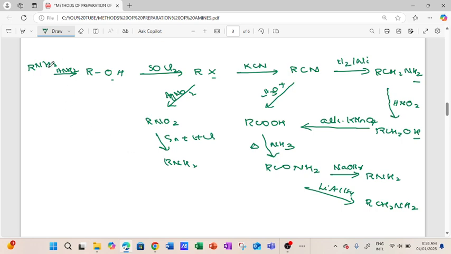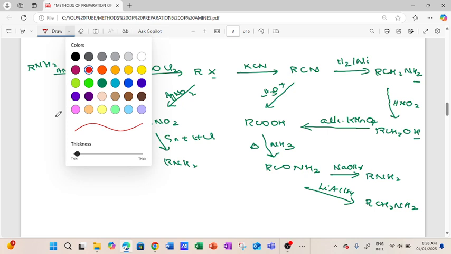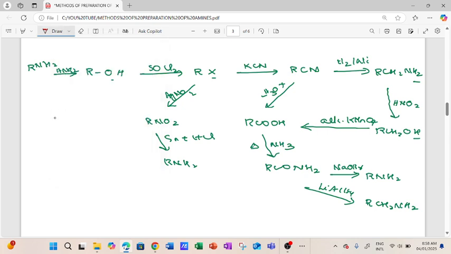You see, from the beginning we have amine. We can prepare alcohol from amine by adding nitrous acid. That alcohol group changes to halogen by adding SOCl2. Halogen is replaced by cyanide by adding KCN, and RX to RCN is called a step-up reaction.